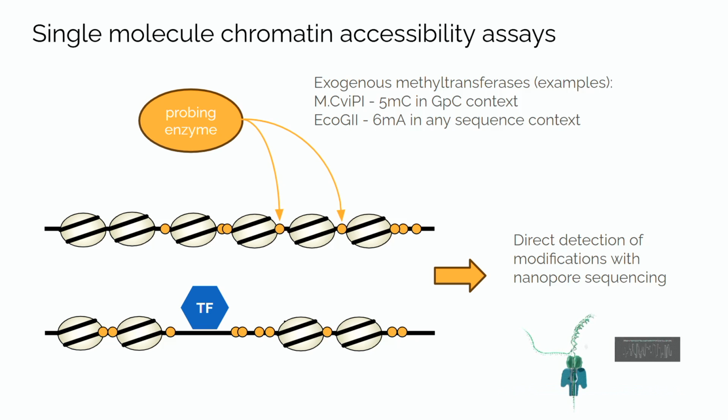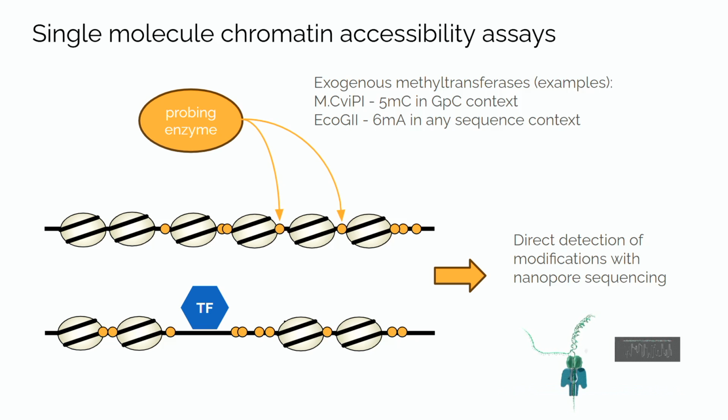So that means that after this step, all the accessible adenines will be methylated, and all the inaccessible adenines, which could be adenines that are bound by a transcription factor or that are inside the nucleosome, will be unmethylated. So somehow we need to read out this information to make inference about the accessibility, and we do that using nanopore sequencing, which gives us both the nucleotide sequence as well as information about the modification of each nucleotide.